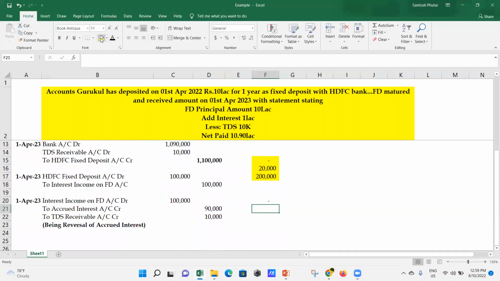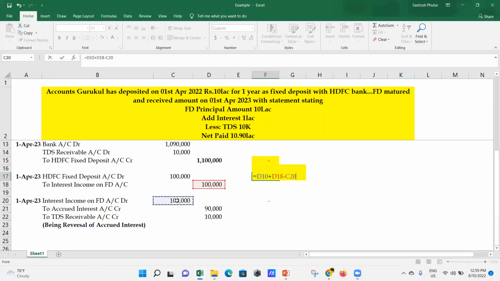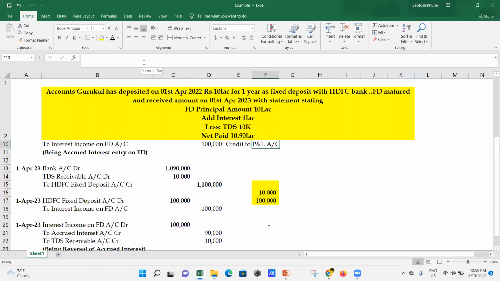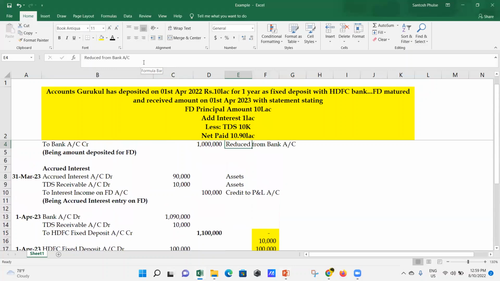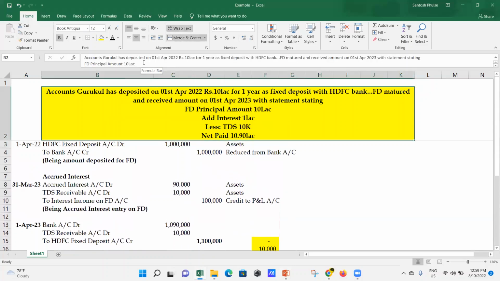Now related to the TDS receivables, so 2 times debit, and here is 1 time credit through the reversal entry. So only the 10,000 is there related to the TDS receivable, and the interest on FD we have debited here. So interest on FD is around 1 lakh. So this is the actual entry we have to pass into the books.